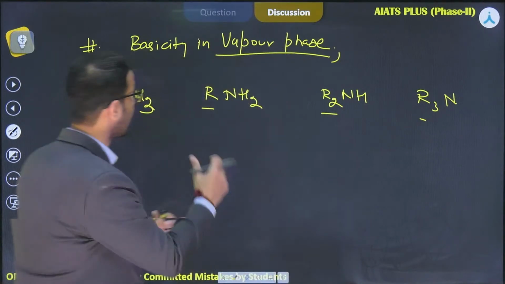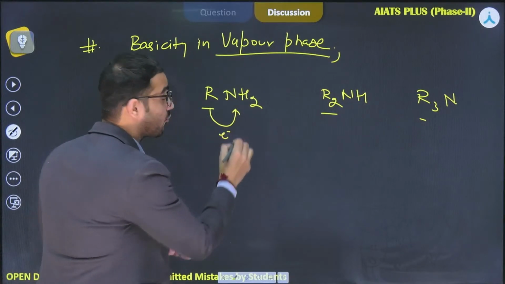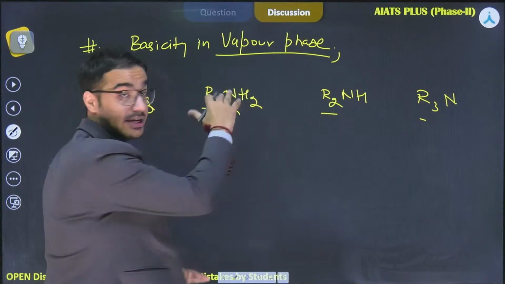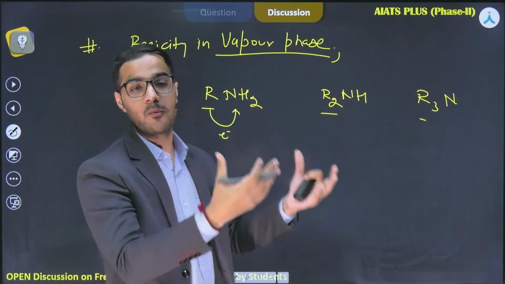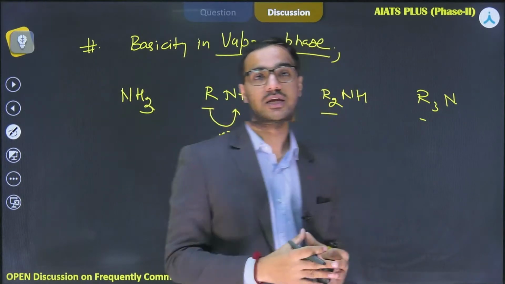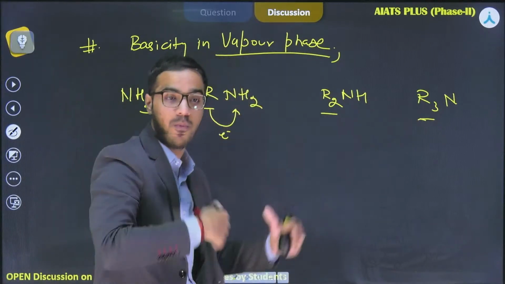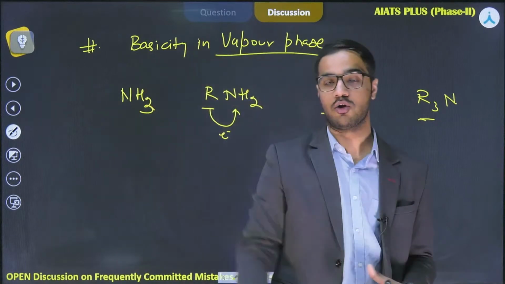It means the R group will tend to donate its electron density to the nitrogen, so that the lone pair of nitrogen will show more basic character. So we can clearly say that the more the R groups, the more the electron donation to the nitrogen, so nitrogen can easily donate that lone pair.